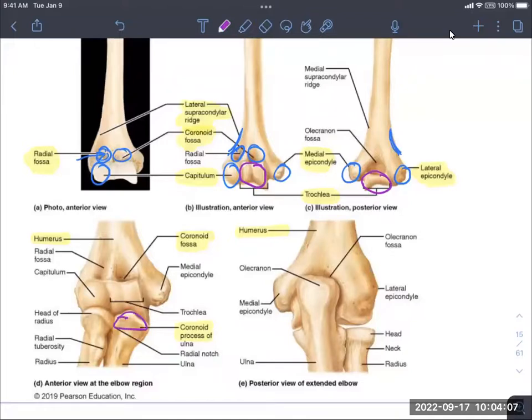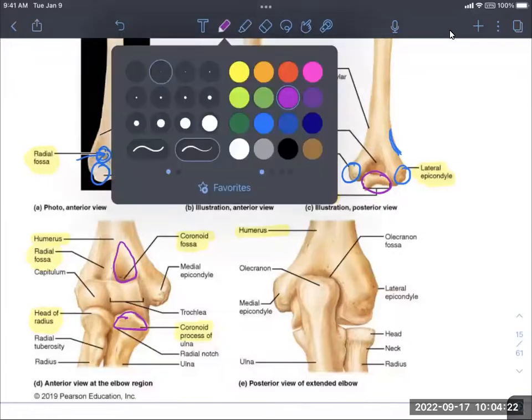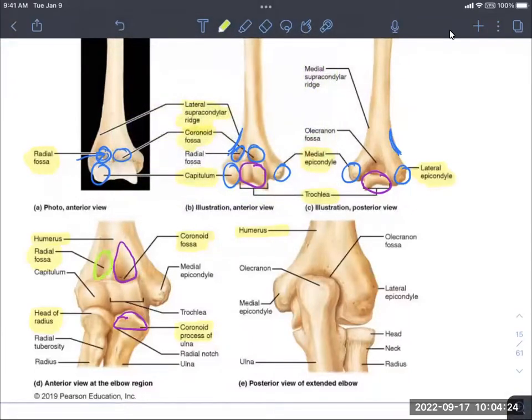So when you bend your elbow, it will articulate there. You see the head of the radius will articulate with the radial fossa here when you bend your elbow. And again, that radial head will articulate with the capitulum while the ulna articulates with the trochlea.